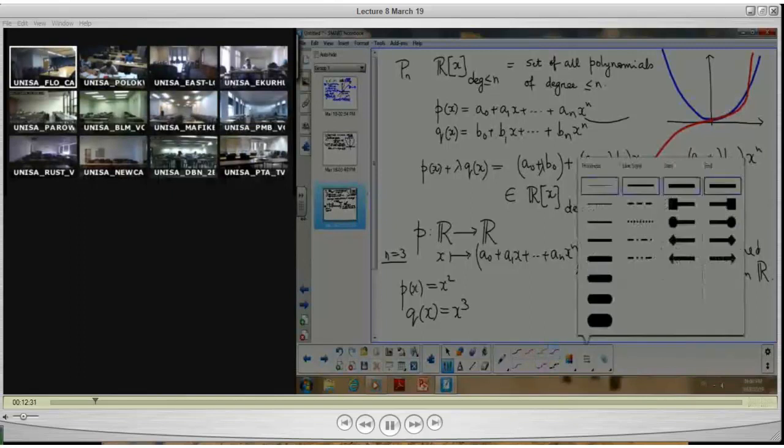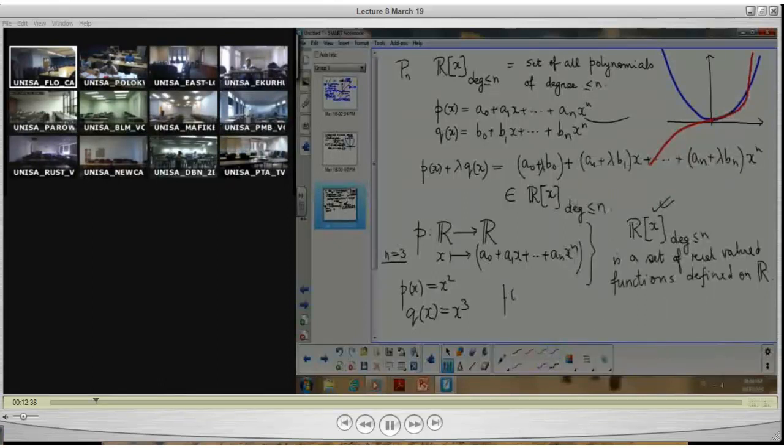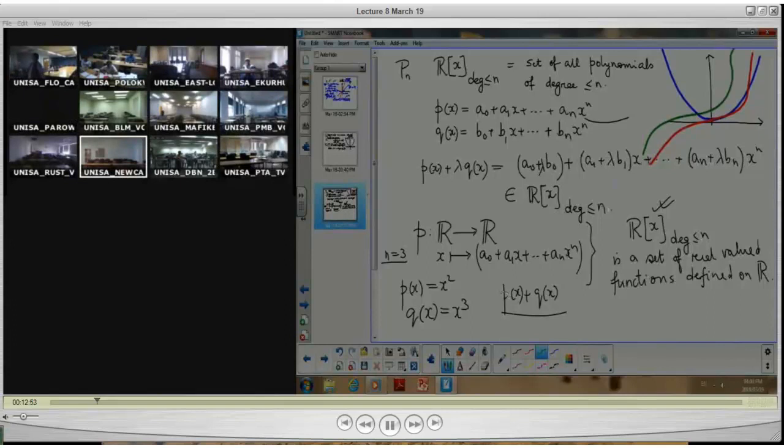Whereas, say for instance, if I look into p(x) plus q(x) where lambda is 1, your graph looks something like this. So that's another cubic polynomial, which looks something like this.